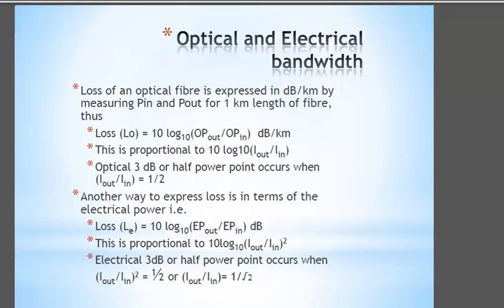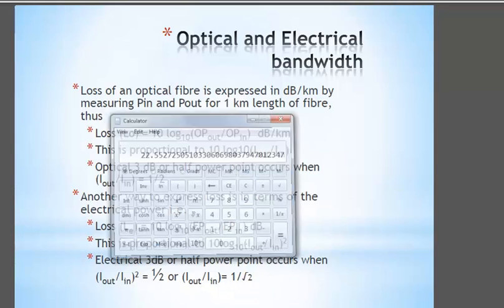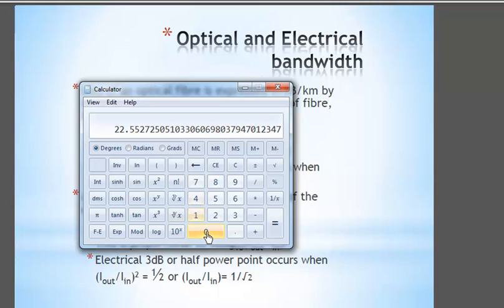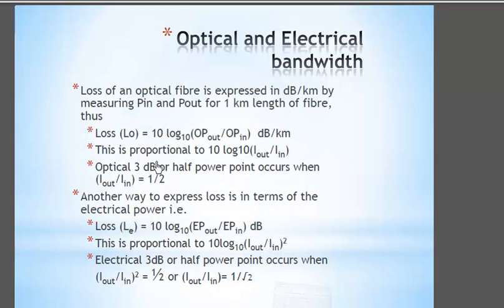Let's do log half and see. 0.5, log, times 10. You see this? Minus 3. That's what you call the 3 dB point. It's a very important point in electrical engineering.